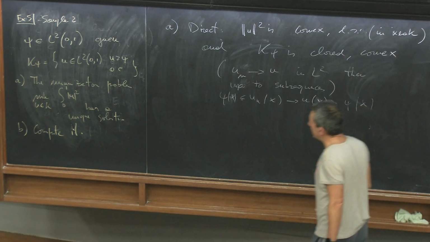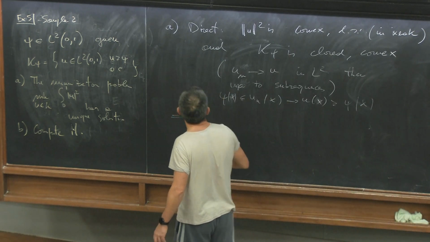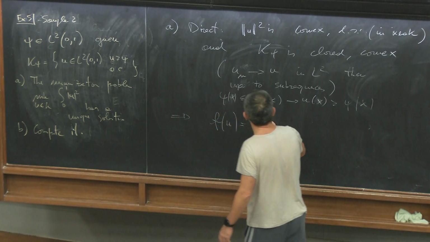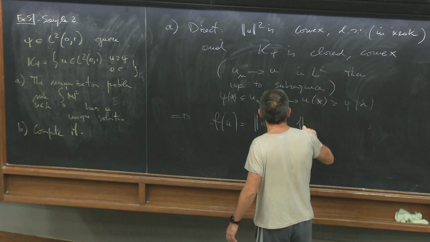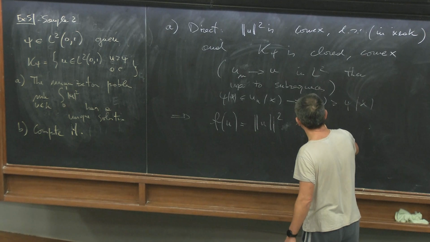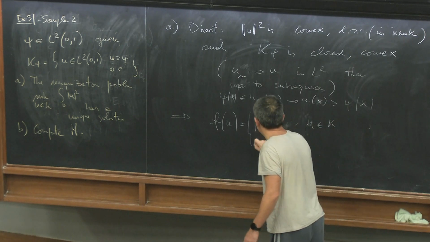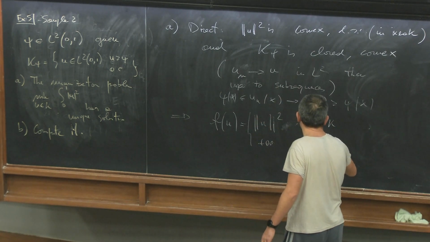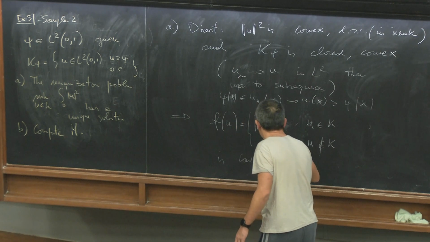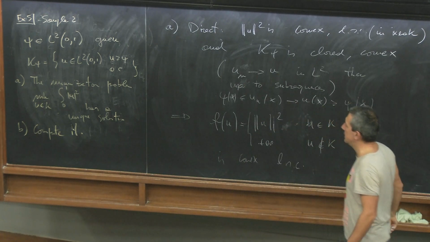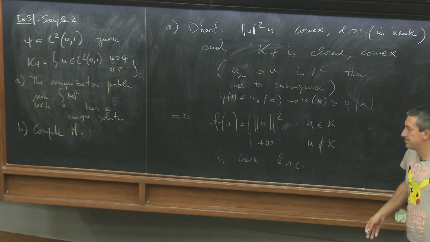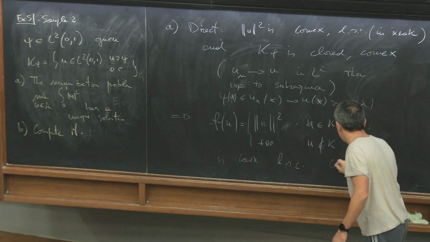Okay, so we have to minimize the function, let's say the function f of u, which is the norm of u squared, plus the indicator function, plus 0 if u belongs to K, and plus infinity if u does not belong to K. It is convex, lower semi-continuous, and coercive.